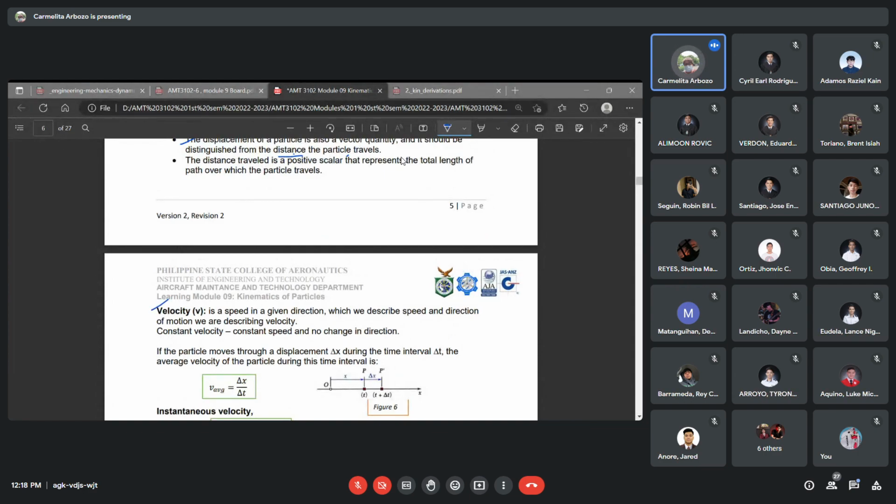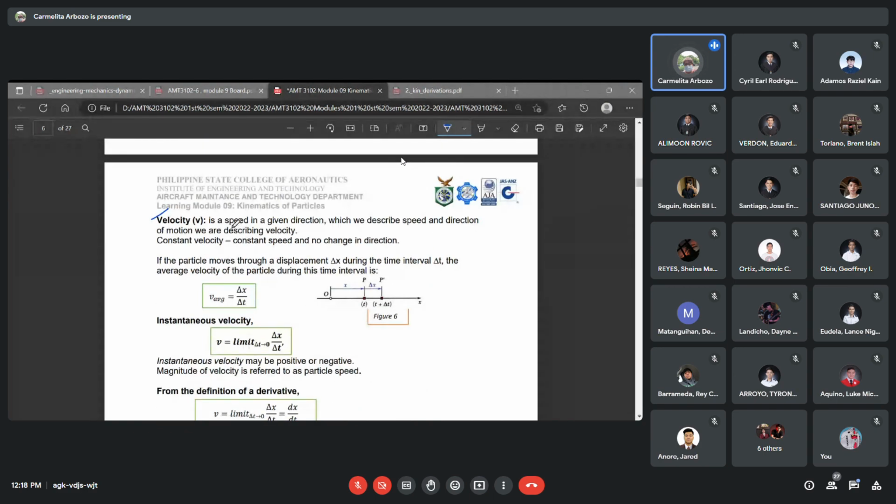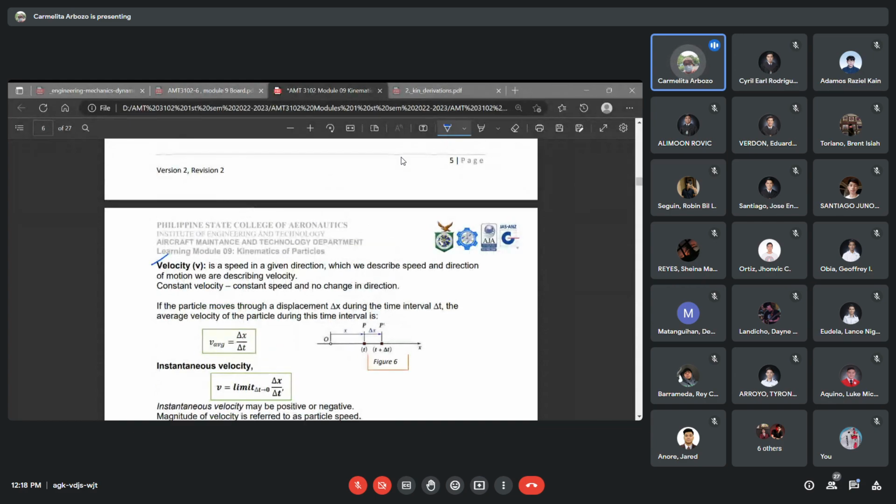Okay, so meron na tayong velocity. So if the car travels at 35 kilometers east during a certain period of time, then we can have the velocity v. Velocity v is a speed in a given direction, which we describe as speed and direction of motion.